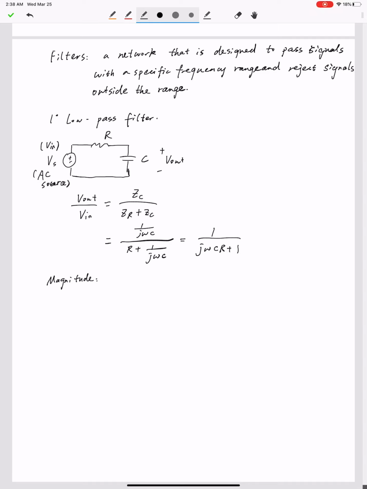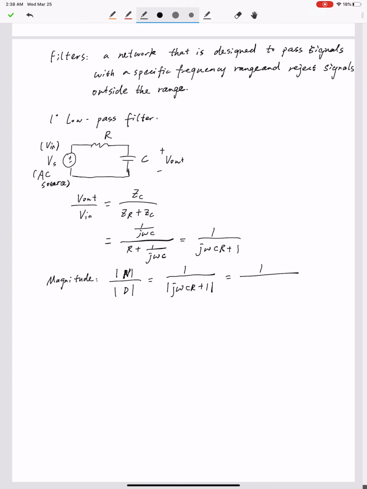To find the magnitude, since this is a fraction, the magnitude of a fraction equals the magnitude of the numerator divided by the magnitude of the denominator. So that becomes 1 divided by the magnitude of j omega RC plus 1.